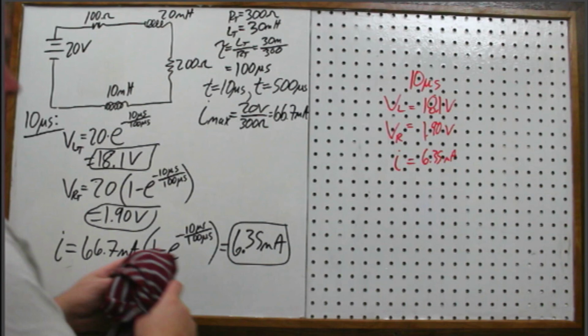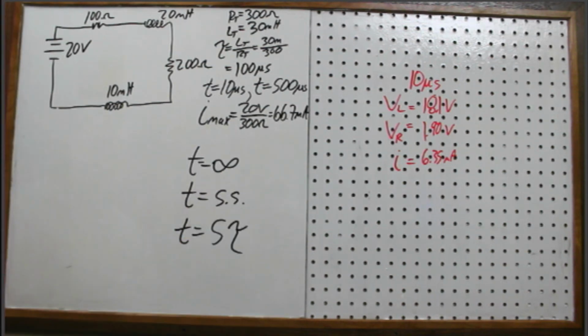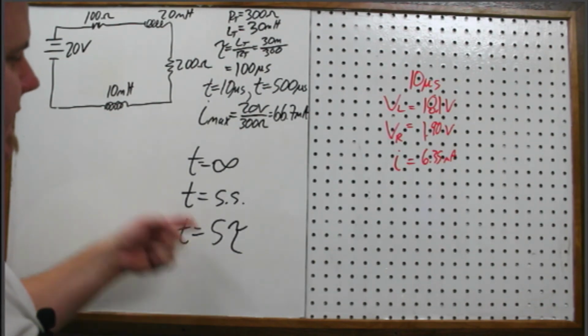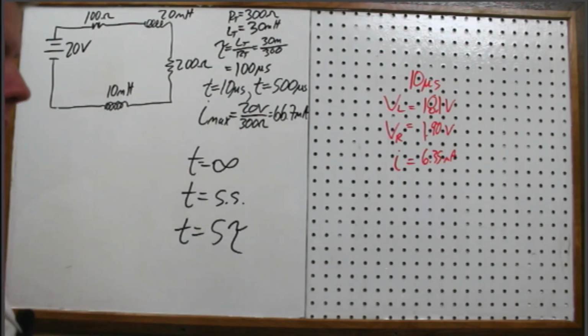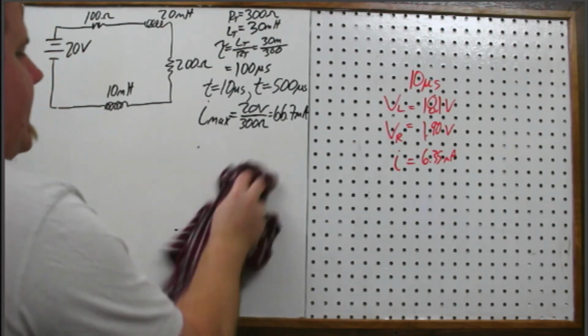So on a quiz or an exam, if I say at t equals infinity, or if I say t equals steady state, or if I say t equals 5 tau, I'm talking about the same period of time. So this and this and this, for what we're doing, is all the same thing. So I'm looking at 5 tau.